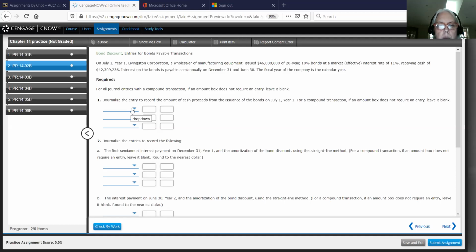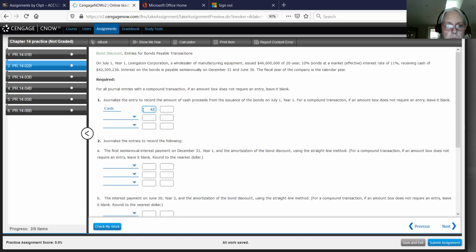So when we issue bonds, we're going to be receiving cash. So I'm going to debit my cash for the amount of the bond that we received. That was given. And this is also what we call the present value of the bond issue.